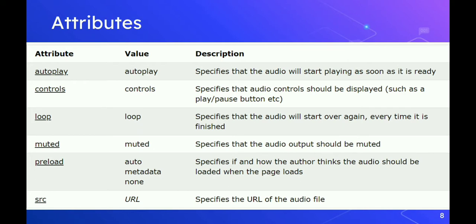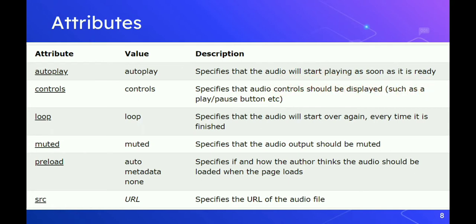Okay, after that we have different attributes which are used in the audio tag. First of all, we have autoplay. It specifies that the audio will start playing as soon as it is ready.